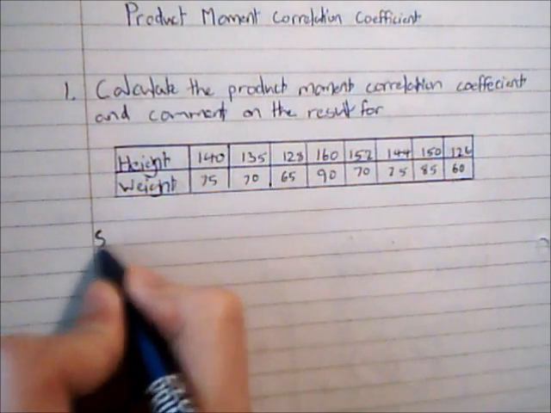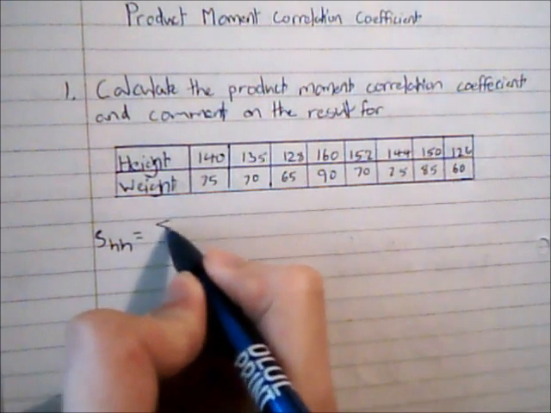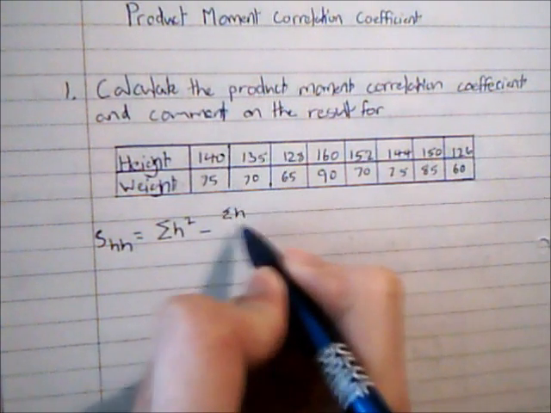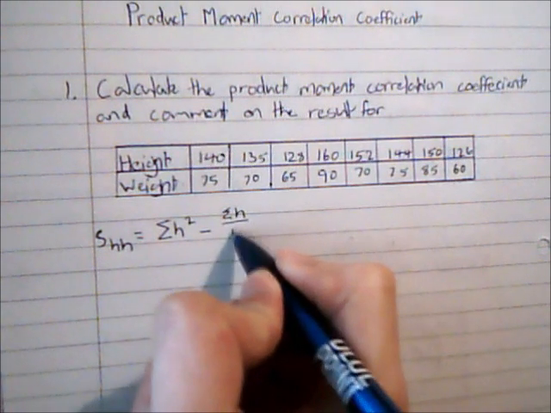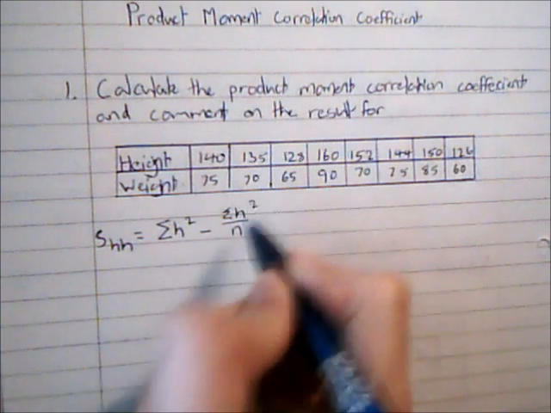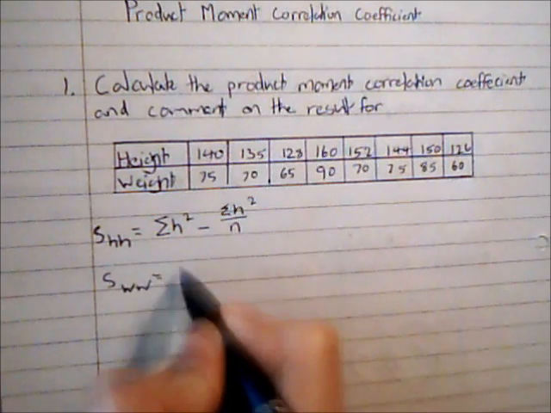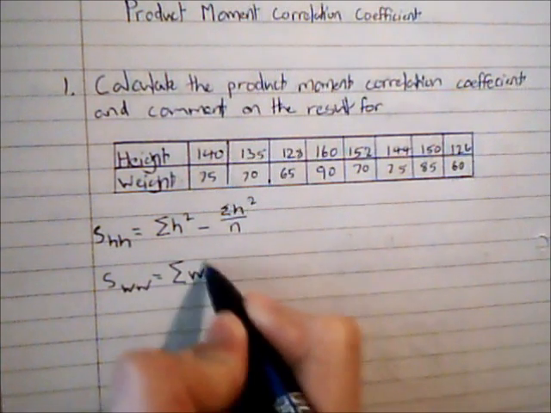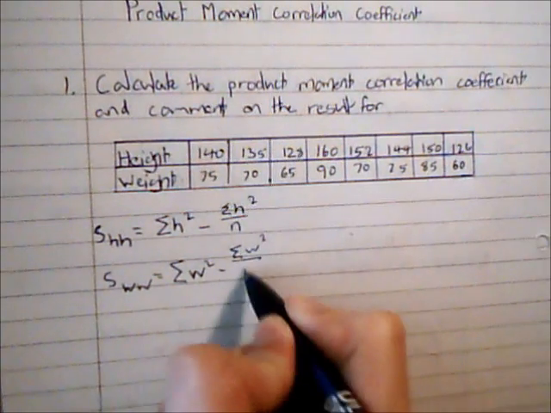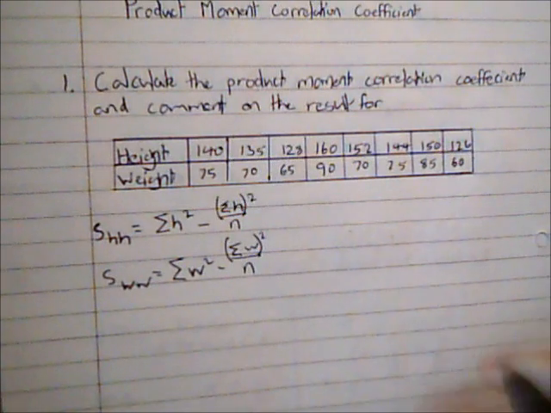So SHH is going to be sigma H squared minus (sigma H) squared over N, and SWW is going to be similarly sigma W squared minus (sigma W) squared over N. In fact, this needs to be in brackets because it's the whole of that squared.